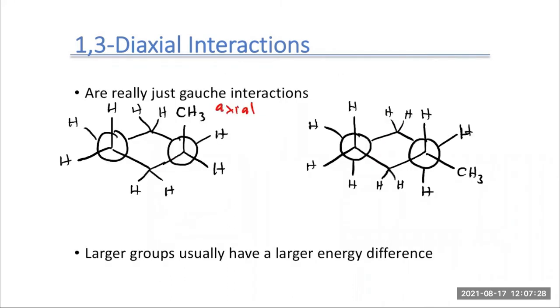And that has to do, there are numbers here again, with that gauche interaction versus no gauche interaction. Nature and compounds always want to be in the most stable configuration.